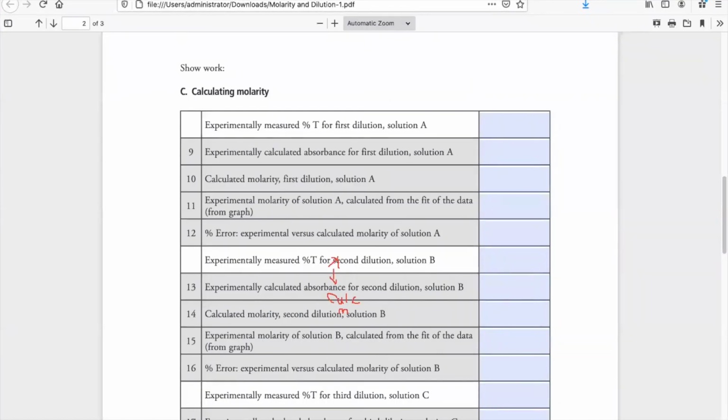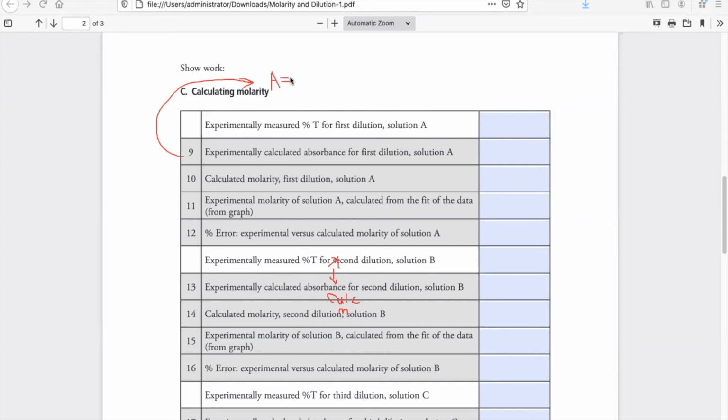And then the experimental calculated absorbance. If I know the percent transmittance, you will use this equation from line 9 here. Calculate experimental absorbance. A will be here.